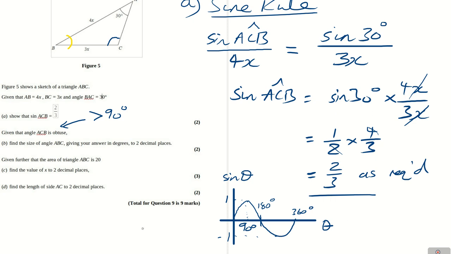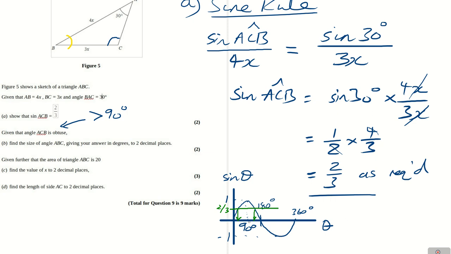Now, if we've got sine equals 2/3, 2/3 is about here. So if I draw a line across, you will notice that between 0 and 180, there are actually 2 possible angles that it could be. There are 2 possible values of theta that will both give you sine theta as 2/3.